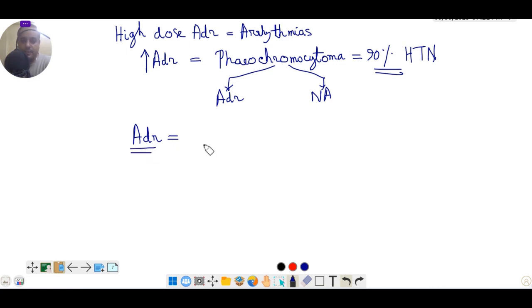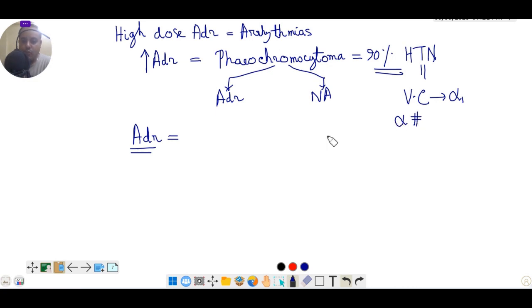Now you see the patient, you see that the patient is complaining of hypertension, and you think that this hypertension is because of vasoconstriction, which in turn is because of the stimulation of alpha 1. So the obvious choice will be to give an alpha blocker.